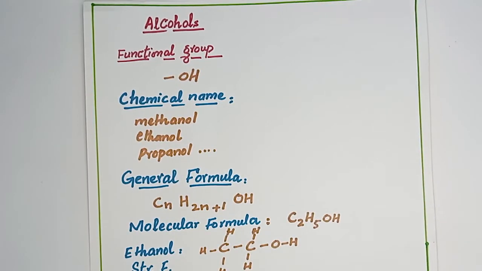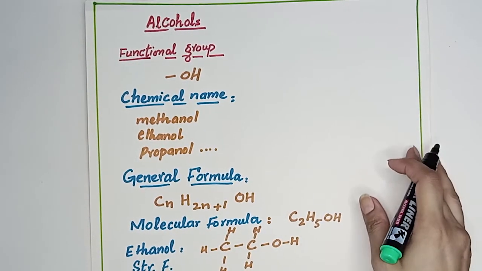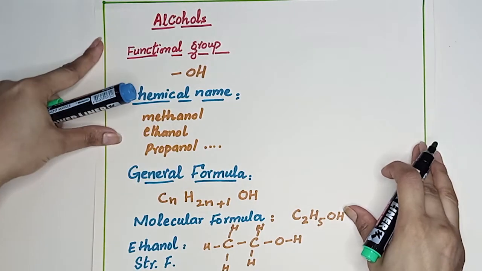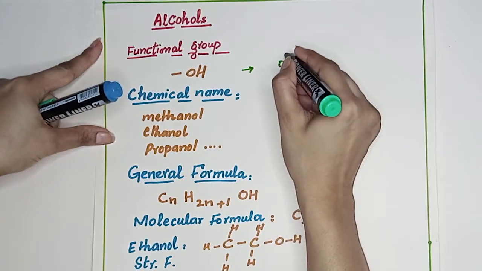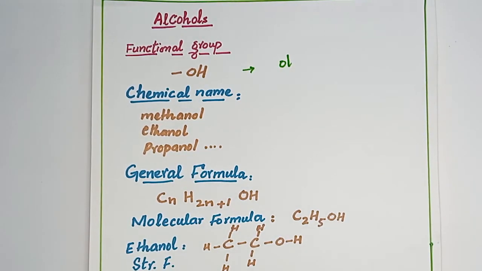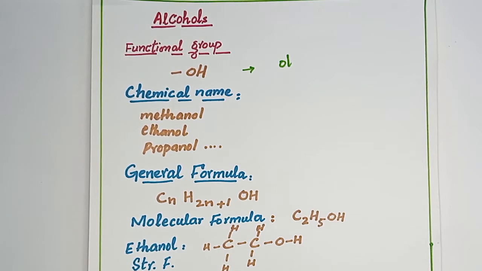Now another homologous series in your syllabus is the alcohols. The functional group of alcohol is OH, and when we name it, the name will end in ol. The hydrocarbons which contain OH in the series, we say that this is a compound of alcohol.